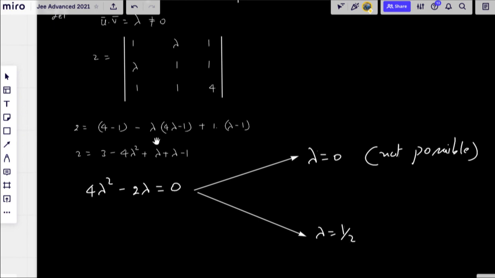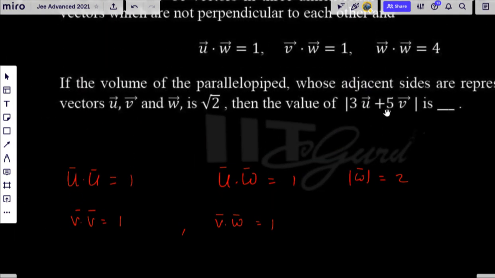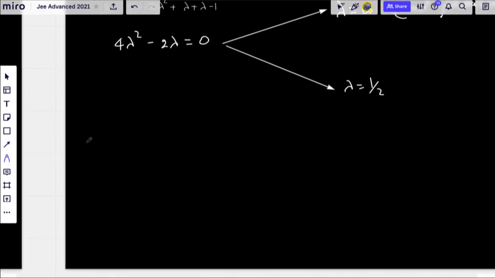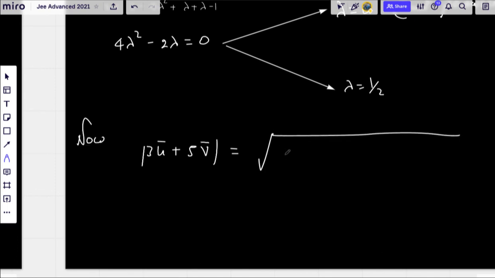In this situation, we have to find the mod of 3u plus 5v. So how to tackle this? This is under root of 9, for 3u square, plus 25, for 5v square, since these are unit vectors, plus 2uv, so 2 into 3 into 5 is 30, into u dot v, which we called lambda, that is 1 by 2.